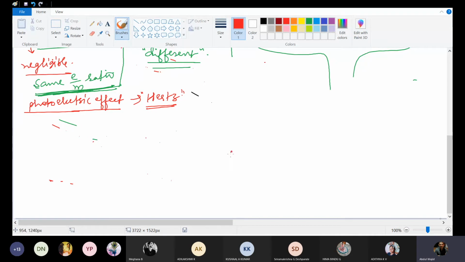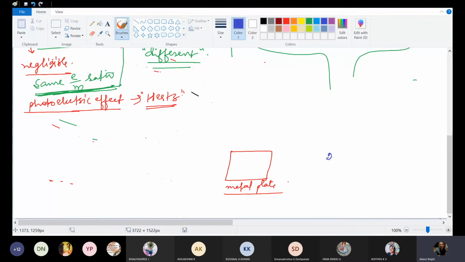See, this is a metal plate. As I told you, it's made of metal, obviously. To excite valence electrons from the metal surface, a certain minimum energy will be required.